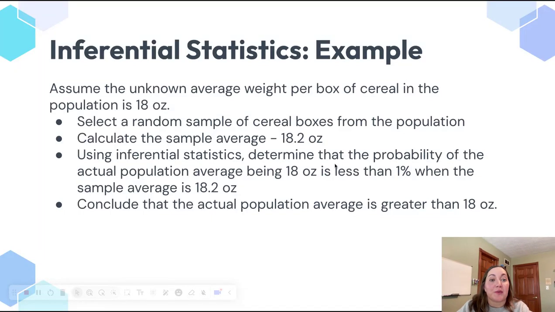We would determine the probability that the population is the same as the sample. And then we conclude if the actual population is greater than or less than the sample. So instead of testing every single cereal box, just like instead of asking every single person in the world what t-shirt size they wear, we can start making inferences from a smaller sample size.